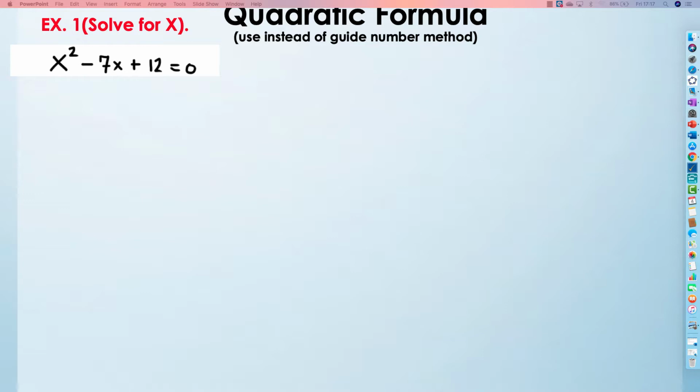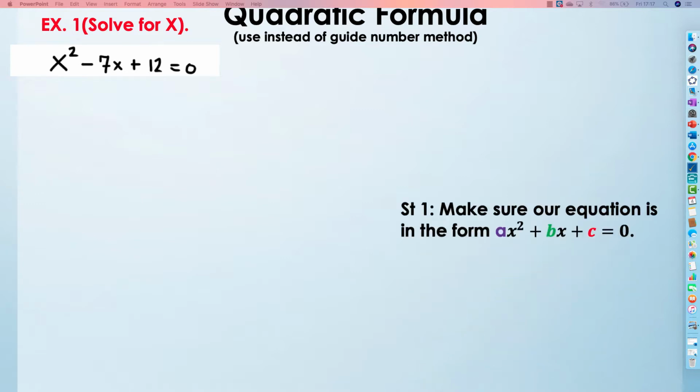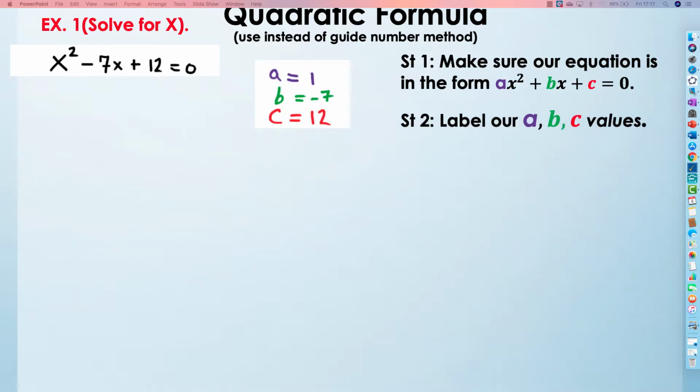So, x squared minus 7x plus 12 is equal to 0. Anyone know what I need to see here? 1, minus 7 and 12, very important. a is 1, b is minus 7 and c is 12. a is always the number in front of x squared, b is always the number in front of x, and c is always the number on its own.